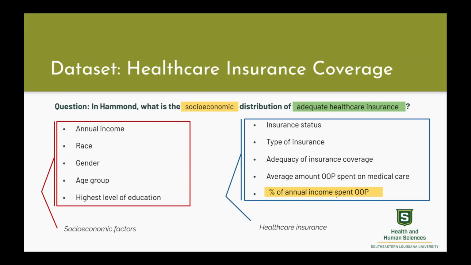If you ask someone what percentage of their annual income they spend out of pocket, it is very unlikely that the person would know, because in day-to-day life you're not making that calculation in your head. The data analyst will be able to get that information because they have information on your annual income and the average out-of-pocket payment. So it's possible to calculate this last variable because there's enough information from the ones that were collected to make that calculation.